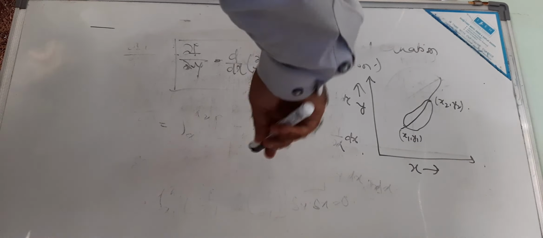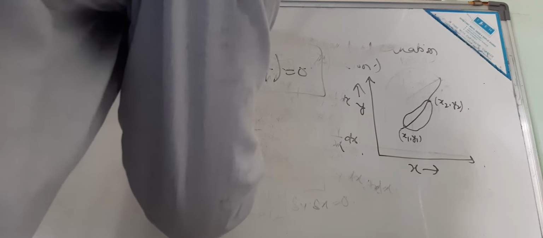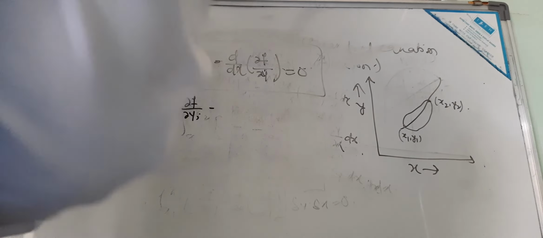So the Euler-Lagrange equation: if there is an ith particle, or if we consider so many paths for the different ith particles, this could be written as ∂f/∂y_i minus d/dx of ∂f/∂y dot_i equal to 0.